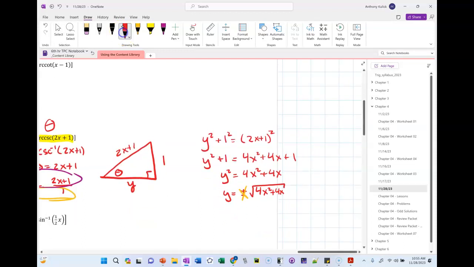And now, if you're feeling fancy, you might notice that there's a greatest common factor of 4 underneath the square root. And I know that we can break a square root at multiplication. And the square root of 4 is just 2.